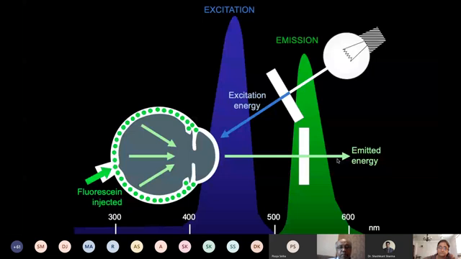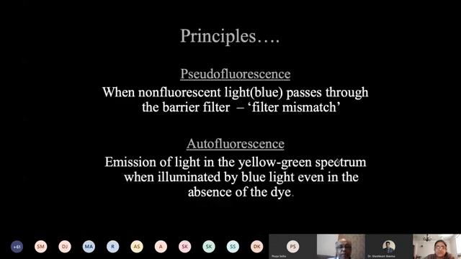Now these are two terminologies which are very commonly used, and we should all be aware of them. One is pseudofluorescence and one is autofluorescence. So what exactly is pseudofluorescence? This is when the non-fluorescent light, that is the blue light, is able to pass through the barrier filter.